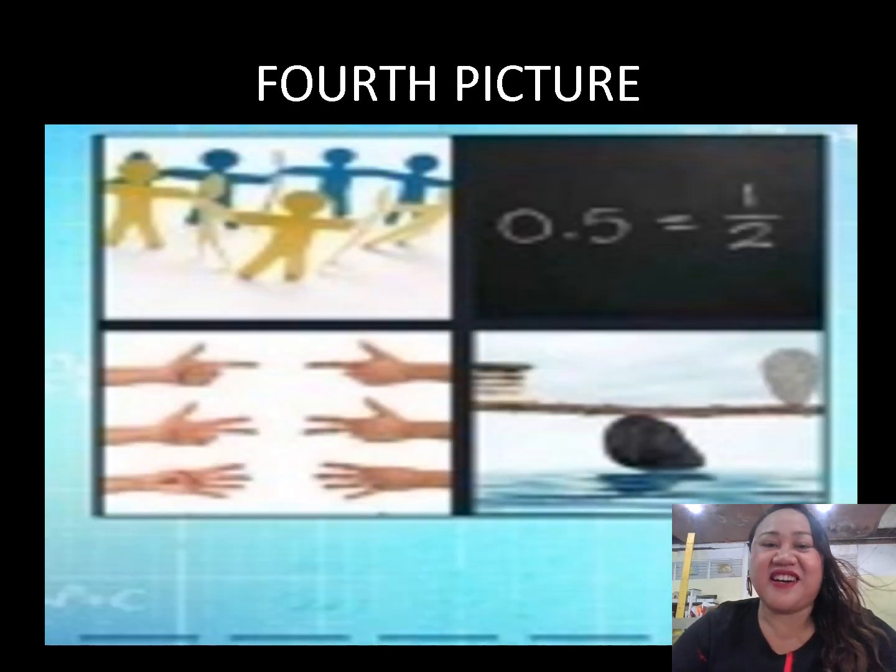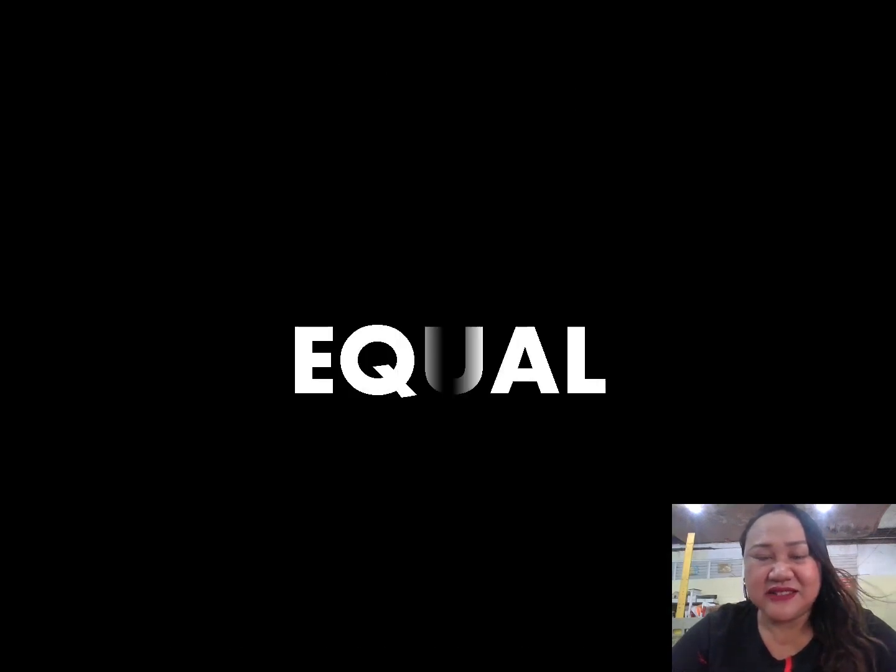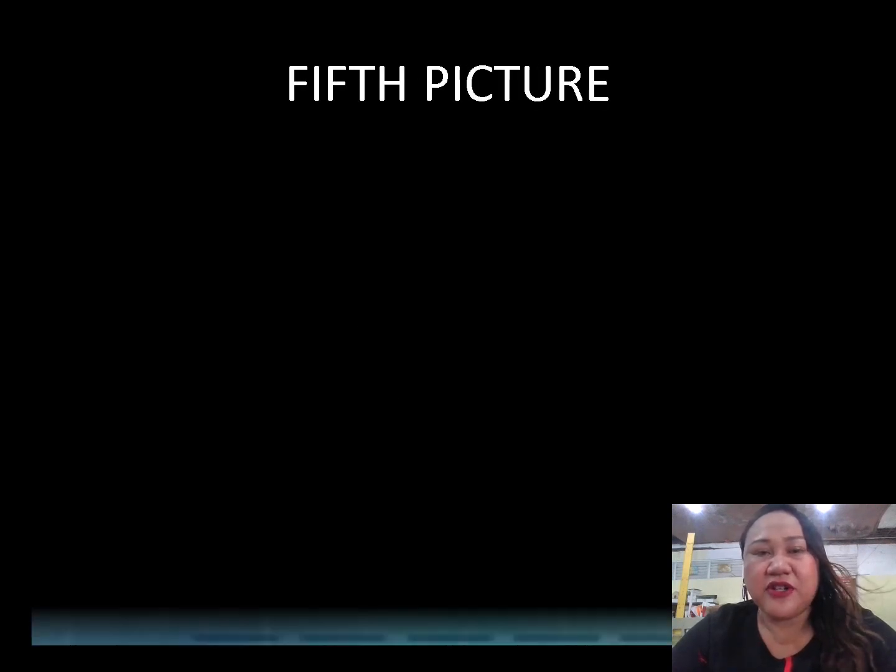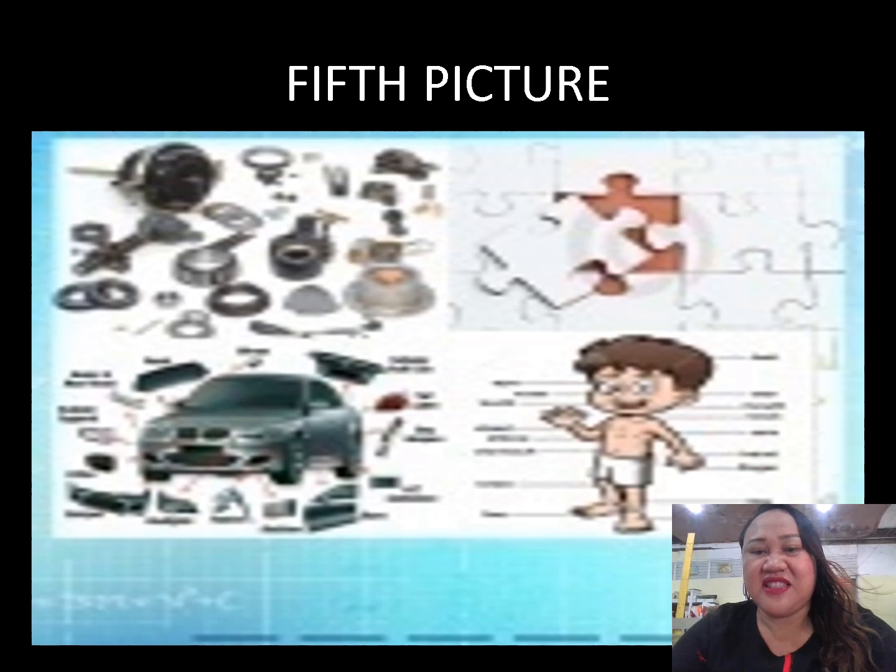And we come to the fourth picture. What is the fourth picture? There are four pictures. There is one half there. There are three blue colors and three yellow. And what do you think is that? Yes, that is equal. And for the fifth picture, yes, you can see there are four pictures.